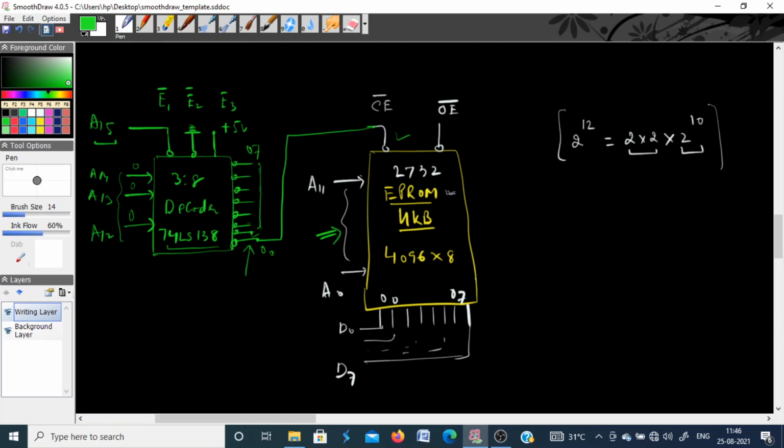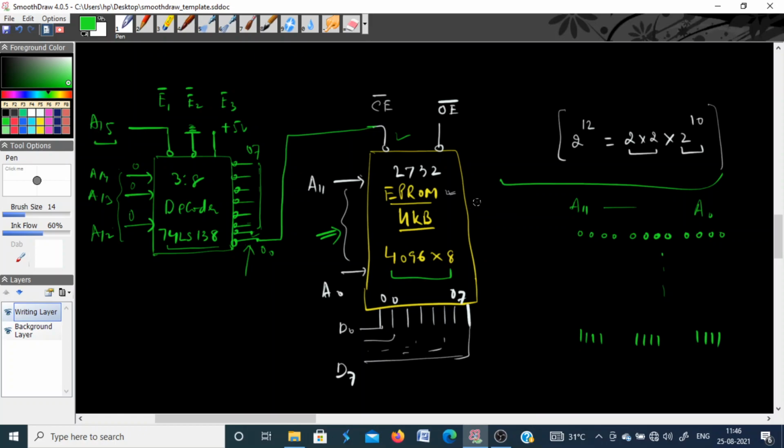But for this case, if I use this as my logic circuit, what will be the memory address? You have A0 up to A11, 12 bits. They can vary from 0 0 0 0 up to 1 1 1 1 1 1 1 1 1 1 1 1, because we have 4 kilobyte memory, so 12 address lines are required.